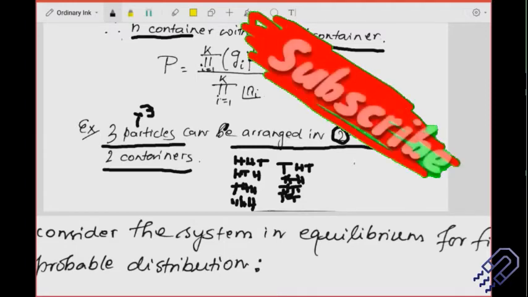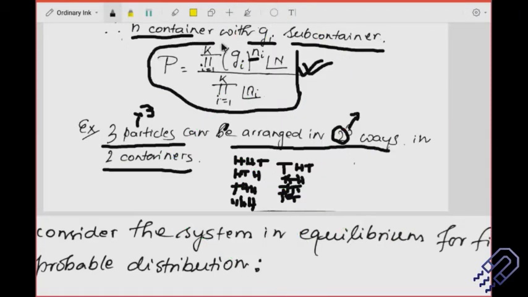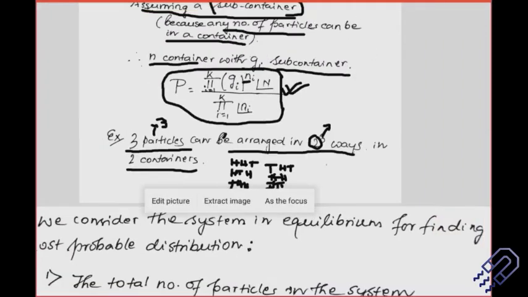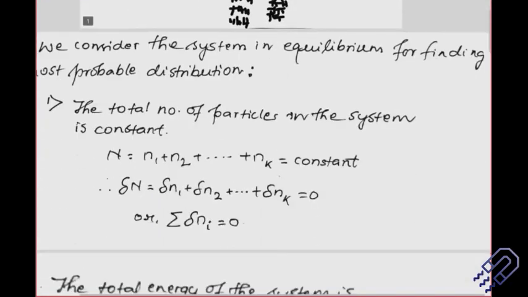So this is actually the formula that we are going to use for the Maxwell-Boltzmann distribution. Very important, and that's why I'm taking this now at the beginning, because this will be used for your Maxwell-Boltzmann distribution. So this is an important understanding of probability that needs to be understood.